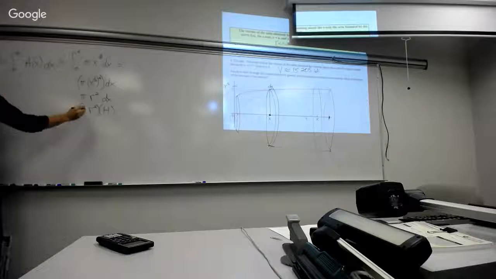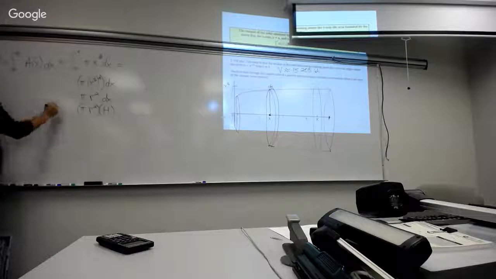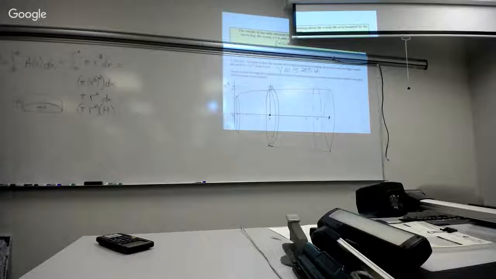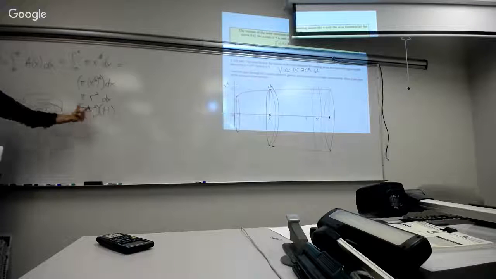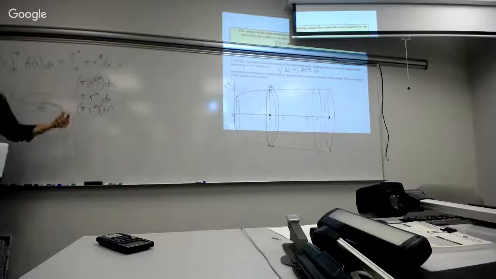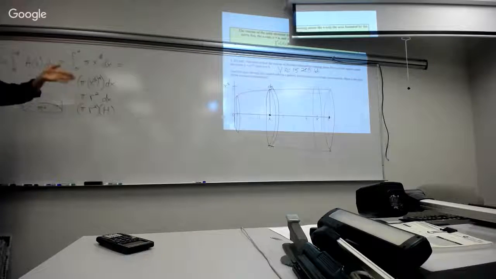This is still the formula for taking a cylinder of a certain height and calculating its volume. The pi r squared is the area of the base, and the height is how tall it is. So we really are calculating the volume of a cylinder. It just so happens that we're calculating it slice by slice by slice.